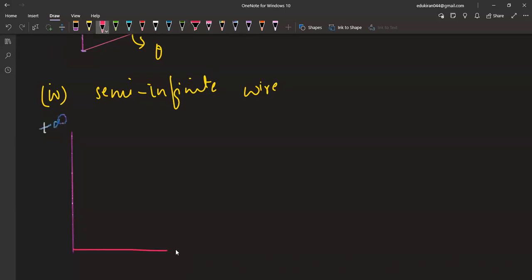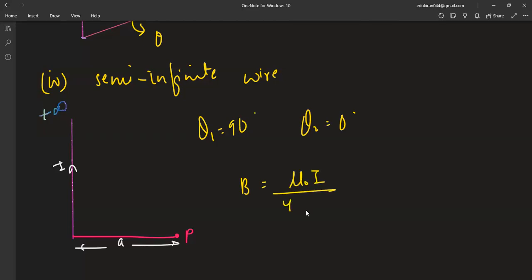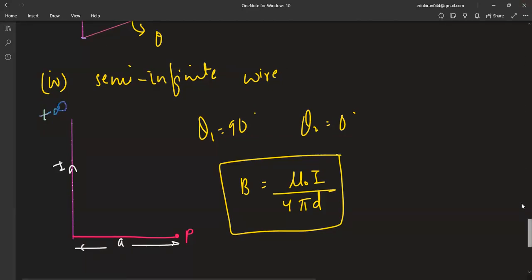The point is located over here, current I is flowing, and the separation is still A. Now the angle θ1 that we consider will be 90 degrees, but θ2 becomes 0 degrees. That's why the value becomes mu naught I divided by 4 pi A, because 1 plus 0 is 1, so you are left with this. Note down these two cases as well.